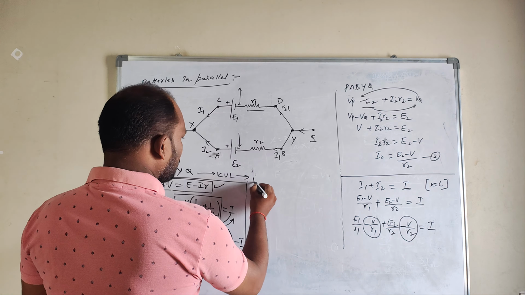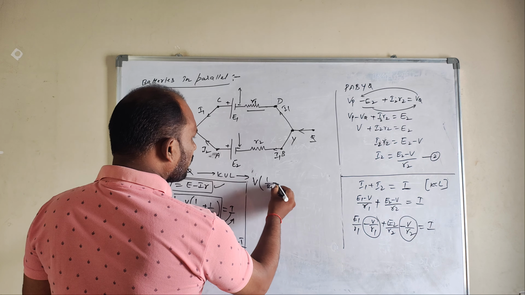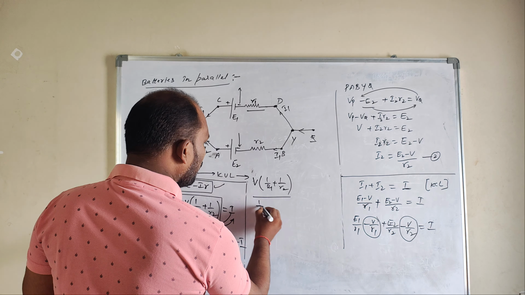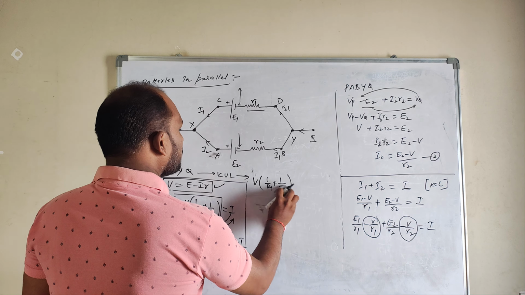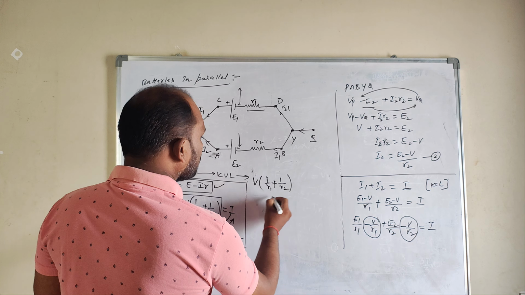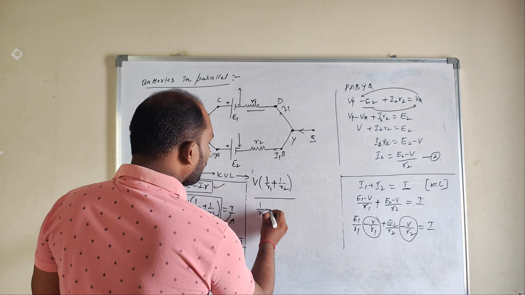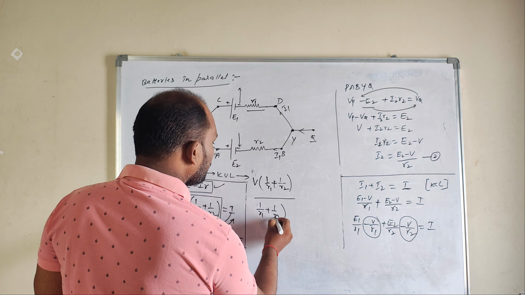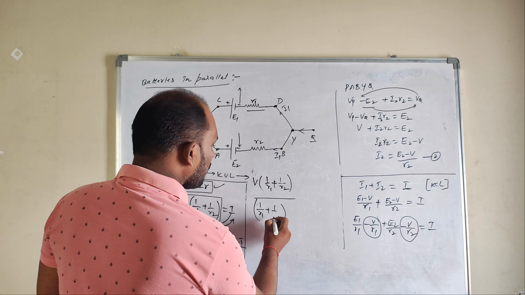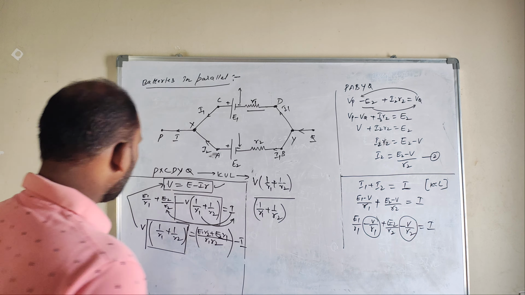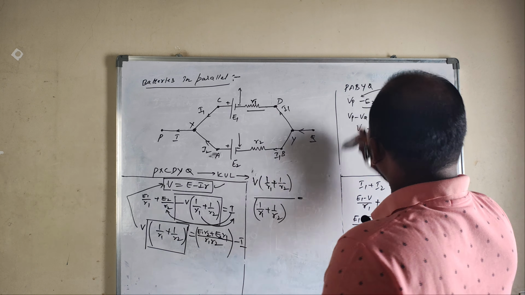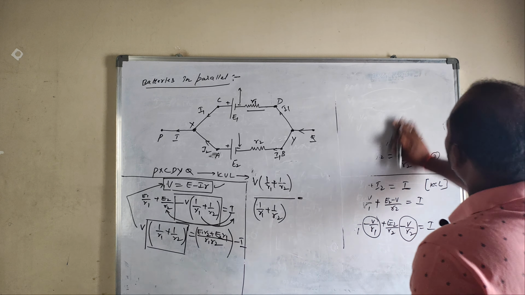V into (1 by R1 plus 1 by R2) divided by (1 by R1 plus 1 by R2). I am dividing on both sides. I am also roughing this one now, because more space is required.